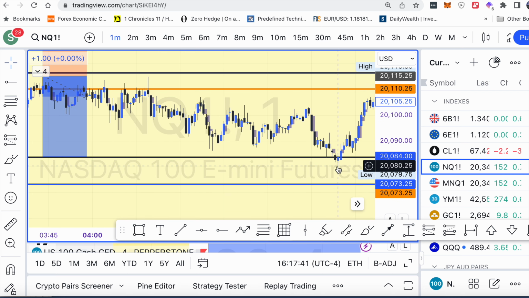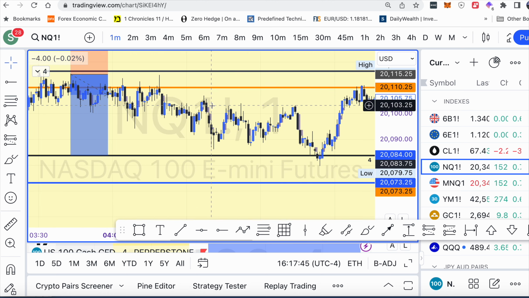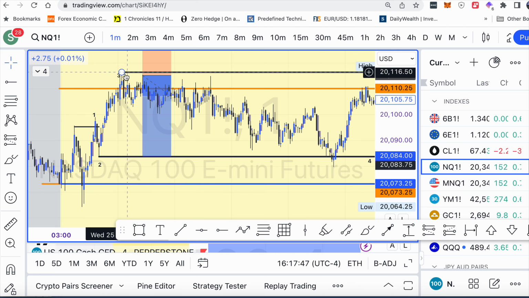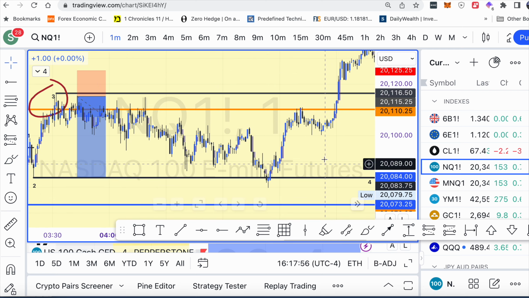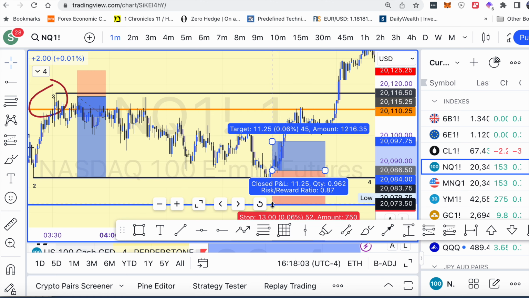You got your target. Now it's going to reverse, and we look to go long, because next it's going to take out the 3. The 3 is here. Let me mark out the 3. It's going to take out the high of the 3, and here you reverse your trade. You might put a buy over here with your stop.